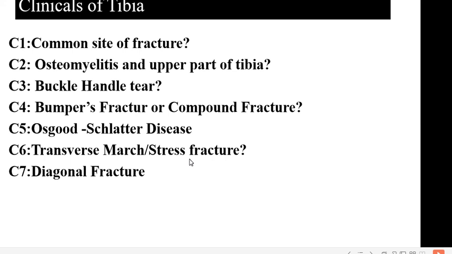What is the cause of this transverse march or stress fracture? If a person starts walking, running, or performing any athletic activity for a long distance after a long time, he may face this type of fracture. Diagonal fracture involves shortening of the limb as well, and we discussed its common site. So these are the discussions about the clinicals of the tibia bone.